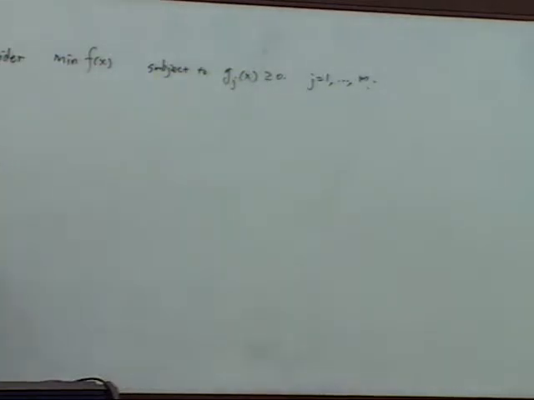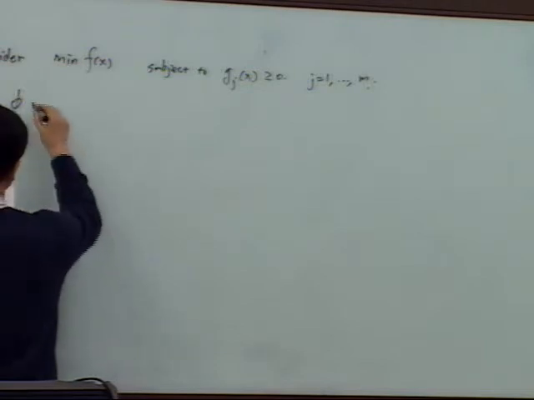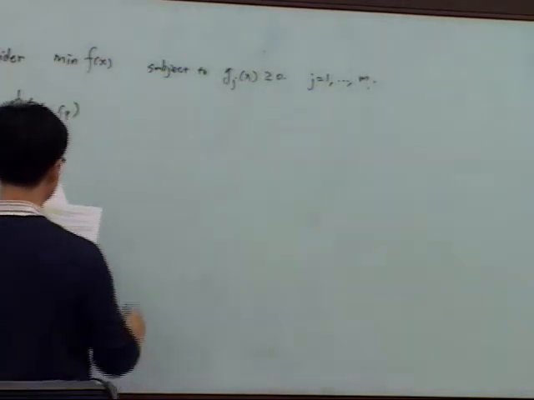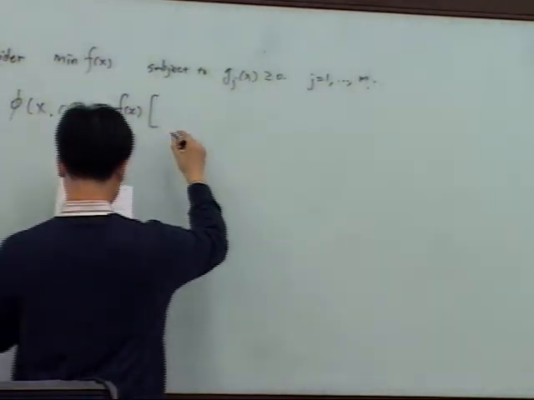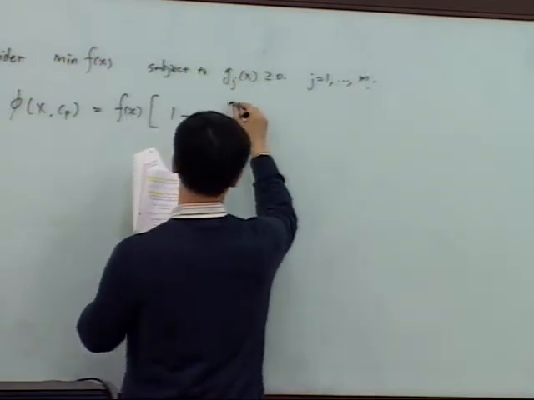Then the approach we have to take is the penalty method because it's the simplest. So what we'd like to do is make some function, something like this. Apply some penalty.